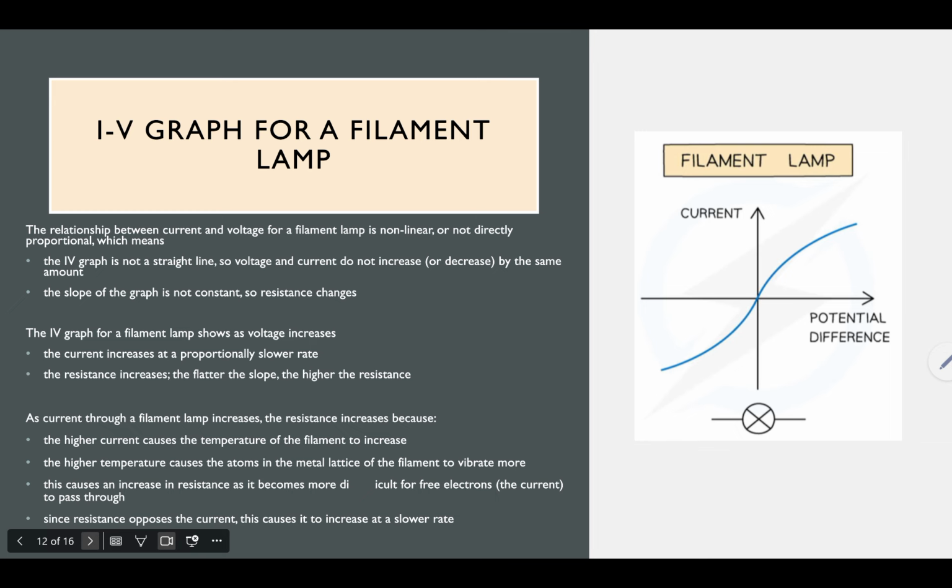The flatter the slope, like here, the higher the resistance. So the more flat the slope is, that means that the resistance here was high. Okay? This causes an increase in resistance as it becomes more difficult for electrons to pass through. Since resistance opposes current, this causes it to increase at a slower rate.